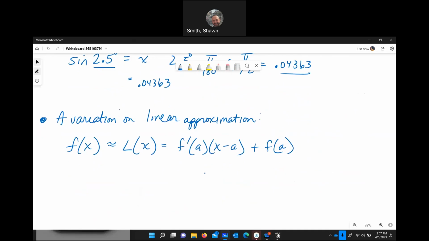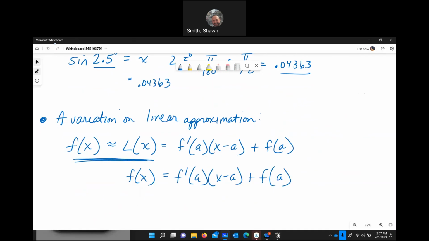If I start rearranging this, these two equations are pretty much interchangeable. So f of x is equal to f prime of a times x minus a plus f of a. Let's manipulate this equation just a tad, the same way we did earlier when I showed you that it can be put in point slope form. If I bring f of a over, f of x minus f of a is equal to f prime of a times x minus a.